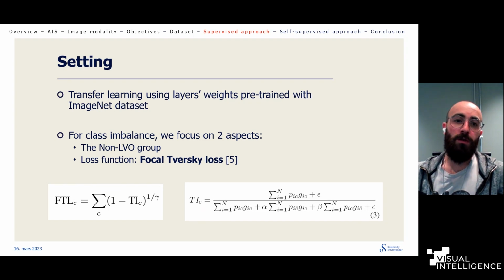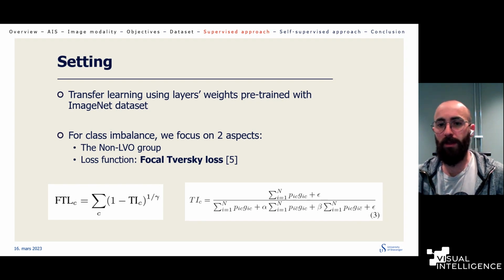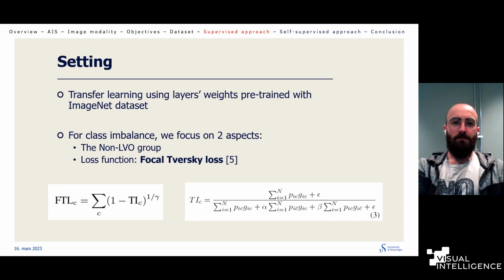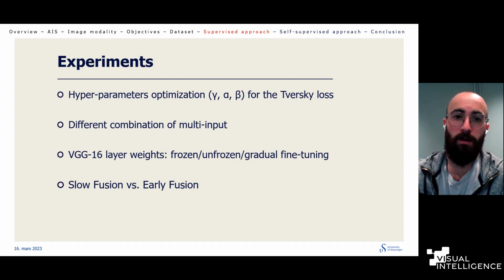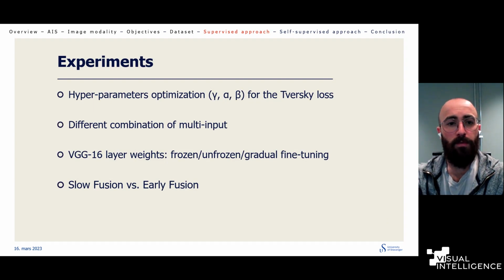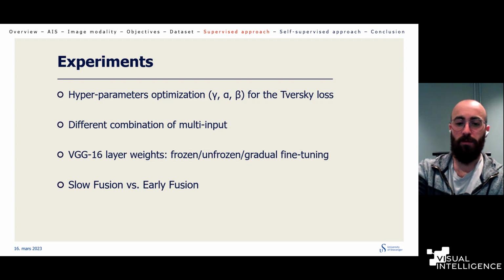So we focus on the non-large vessel occlusion group, and we also use the loss function that I mentioned, the focal Tversky loss, which is a generalized dice coefficient loss with 3 parameters that can be optimized: alpha, beta, and gamma. We performed a lot of experiments with hyperparameter optimization, different combinations of the inputs, different ways to set up the layer weights, and we also compared the slow fusion and early fusion approaches in how to concatenate the information.